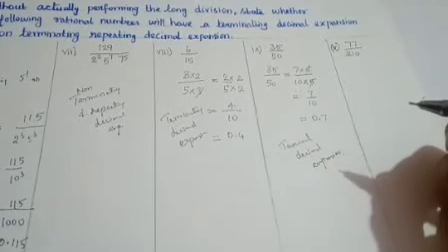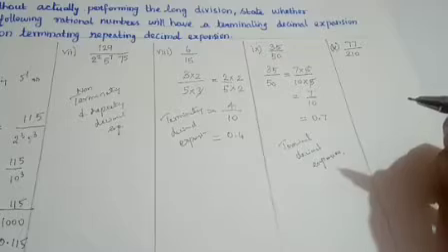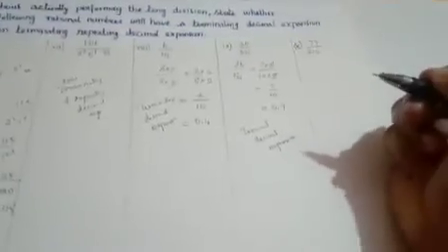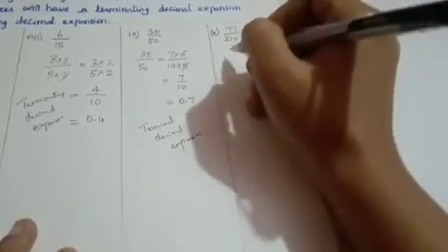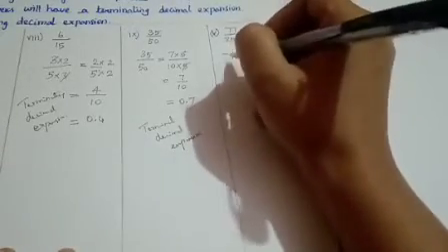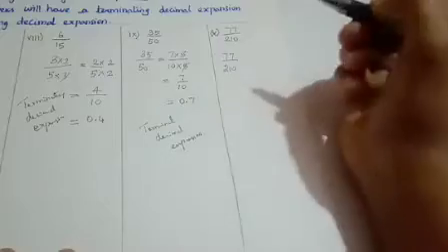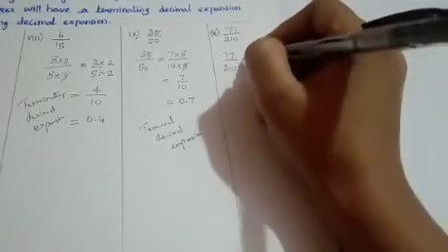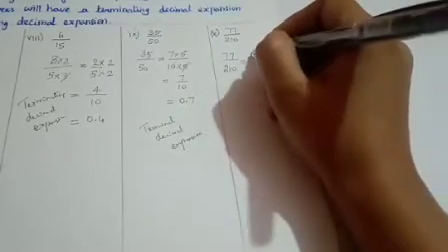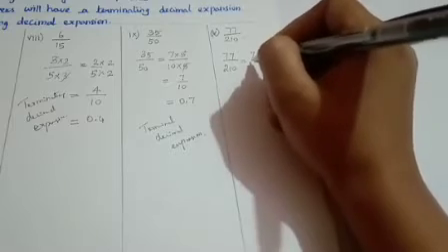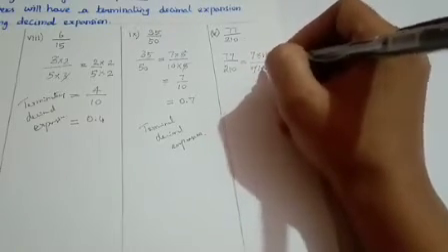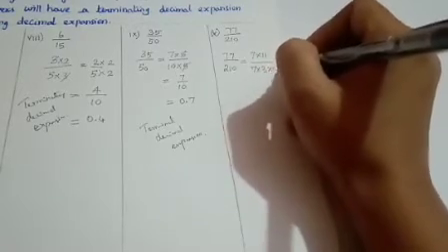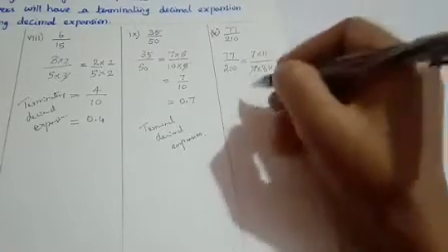The next problem is 77 by 210. 77 is 7 times 11 and 210 is 7 times 30, so the 7s get cancelled.